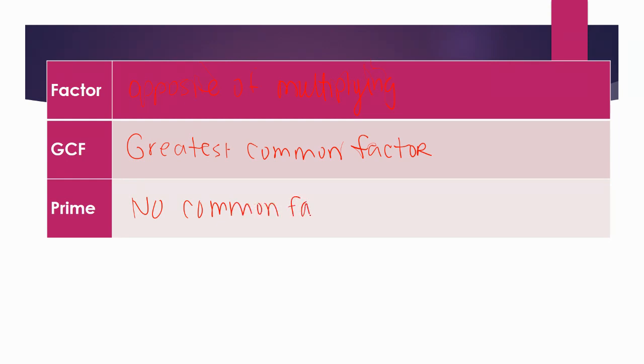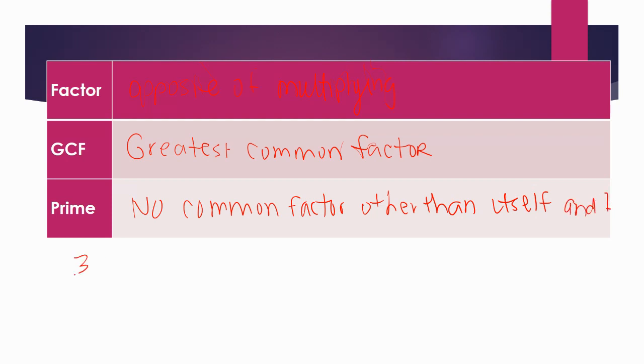GCF means the greatest common factor. Hopefully we remember this from a class before now, but if not, this is your time. Prime means the number has no common factor other than itself and 1.